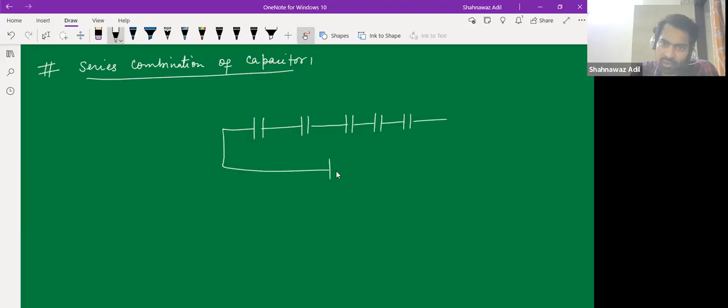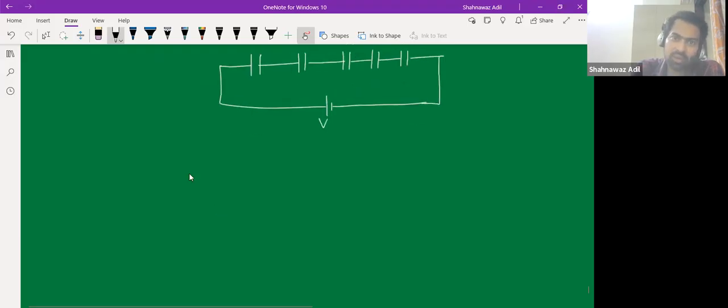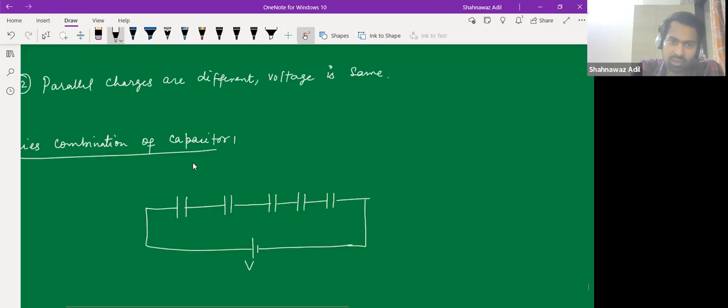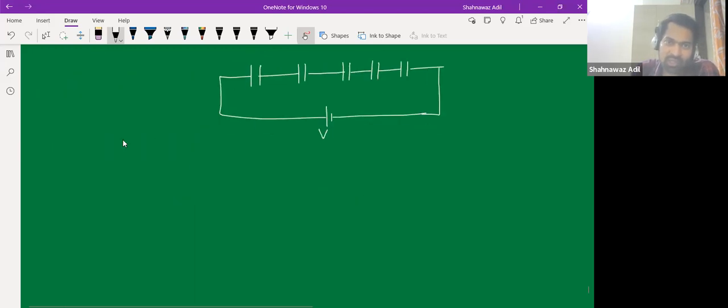We know that this is in series, so charges would be same and voltages would be different. So this is V1, V2, V3, V4, V5.